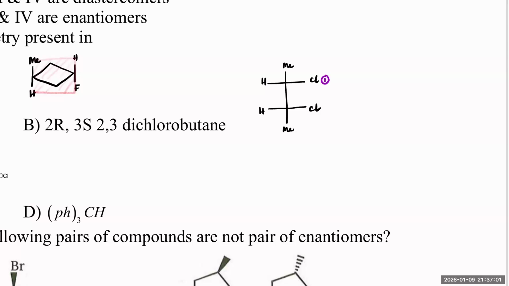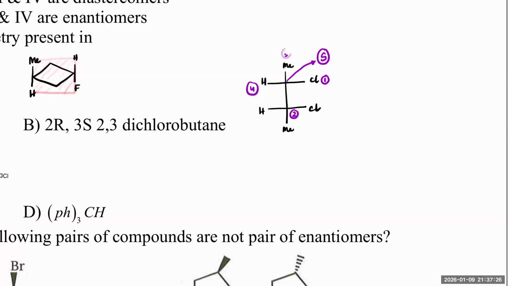This will be 1, this will be 2, this will be 3, this will be 4. These are the priorities with respect to this chiral center. Notice how 1, 2, 3 is rotating: 1, 2, 3 going clockwise. Clockwise means S configuration in this case because the least priority is on the horizontal line.